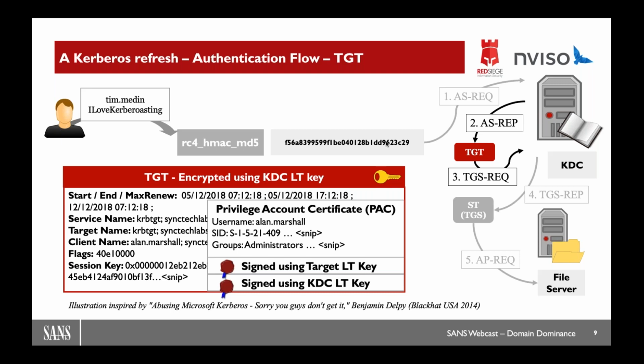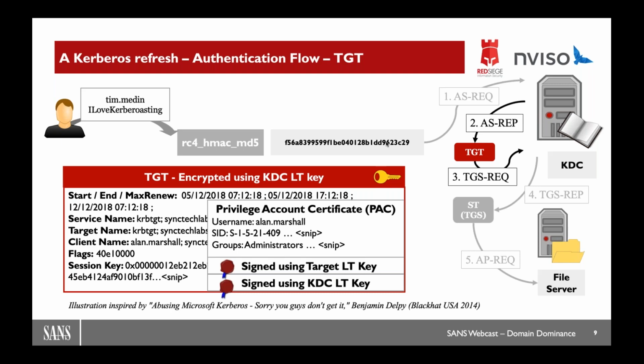Small detail about Kerberos. We have 3 keys in Kerberos. One is the client long-term key. That's the one that's here in the middle of the screen. That is indeed the encryption key created by the client. So that's the NT hash, in this case, of Tim Medin's password. The target long-term key for a TGT is the encryption key of the KRBTGT account, because the target of a TGT is the target service that will validate a TGT.